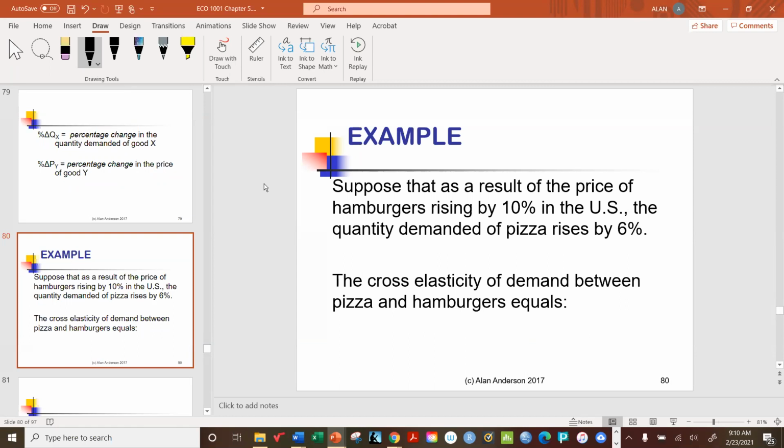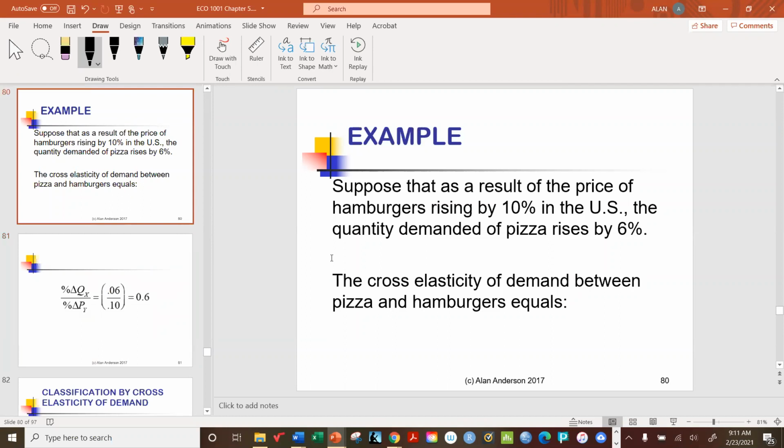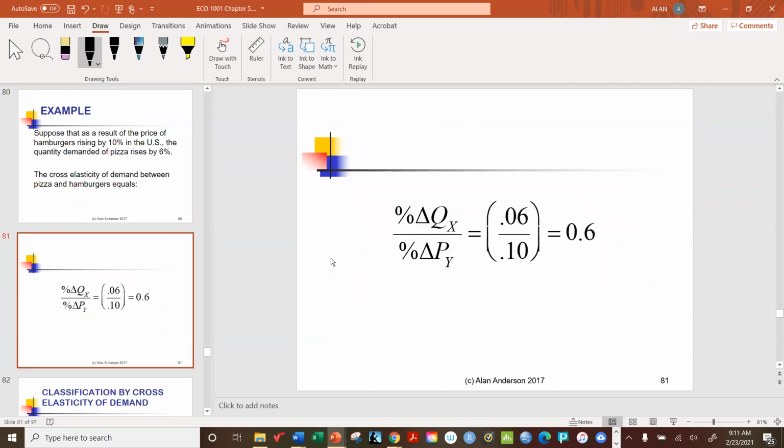And so we find out that among all the consumers, when the price of the hamburgers goes up by 10%, the quantity demanded of the pizzas is going up by 6%. So what does that say about our elasticity? Okay, so if you assume that X is the pizza, so you have to make that very clear. The X is the pizza, and the Y is the hamburgers. The hamburgers became more expensive, and you notice they're both positive numbers. So we end up with 0.6, which is greater than 0.